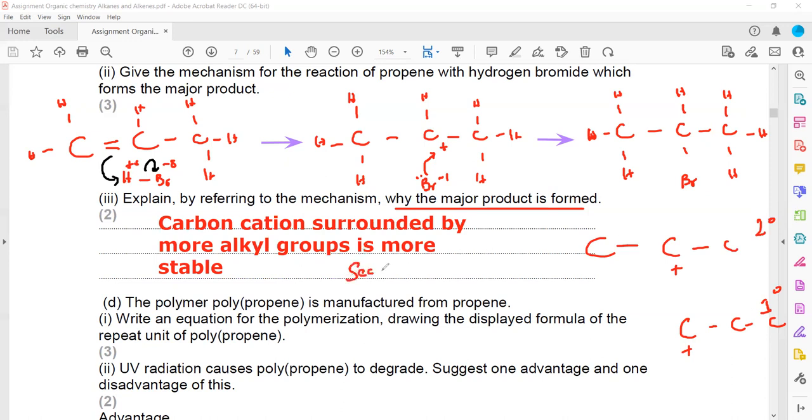You will mention that secondary means 2 carbon chains are attached. If 1 carbon chain is attached to a carbocation, we call it primary. If 3 are attached, we call it tertiary. So a secondary carbocation is more stable than a primary carbocation.